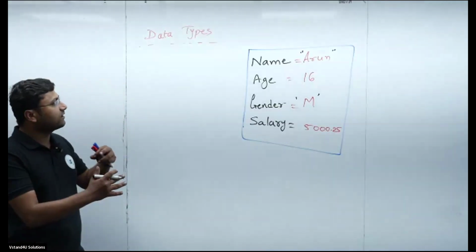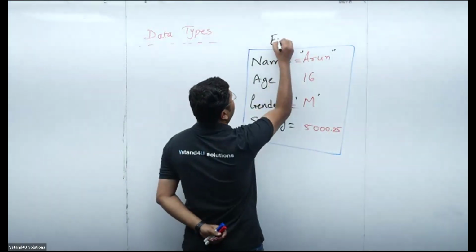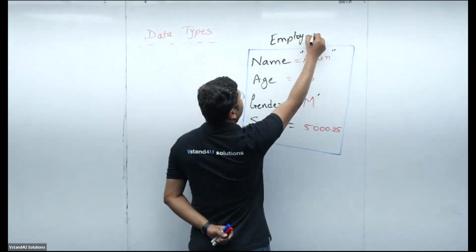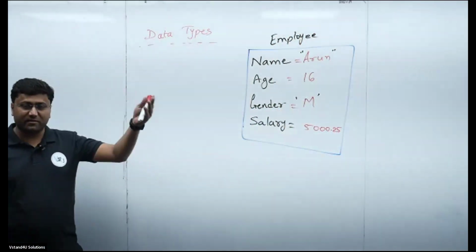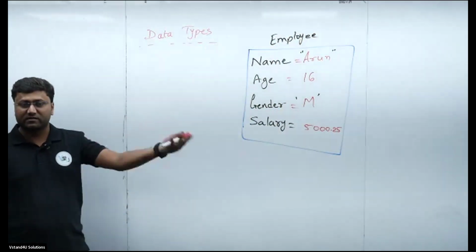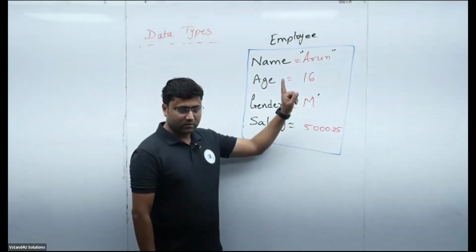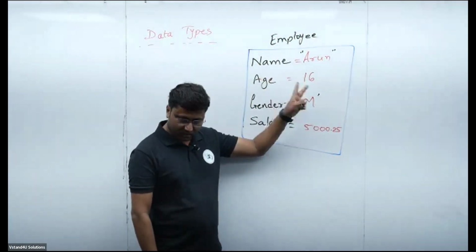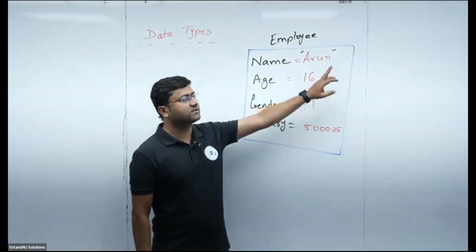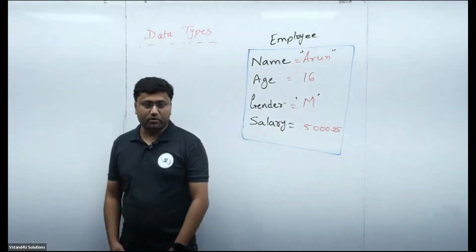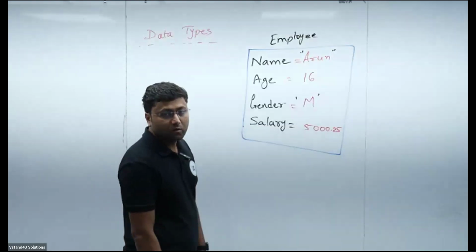All of these are information about a person, an employee, so this is nothing but an employee object. We have taken basic details; you can also take designation, email id, years of experience, skill set. Age value, if you see, anything kept in double quotes in Java is considered a string.